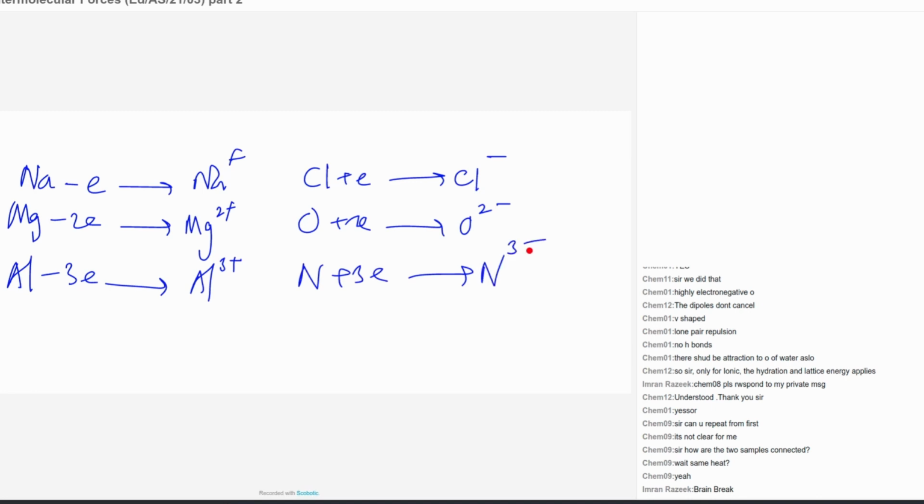Likewise, the oxidation number can be either positive or negative. Positive oxidation states are achieved when a species loses electrons, and negative oxidation states are achieved when a species gains electrons.